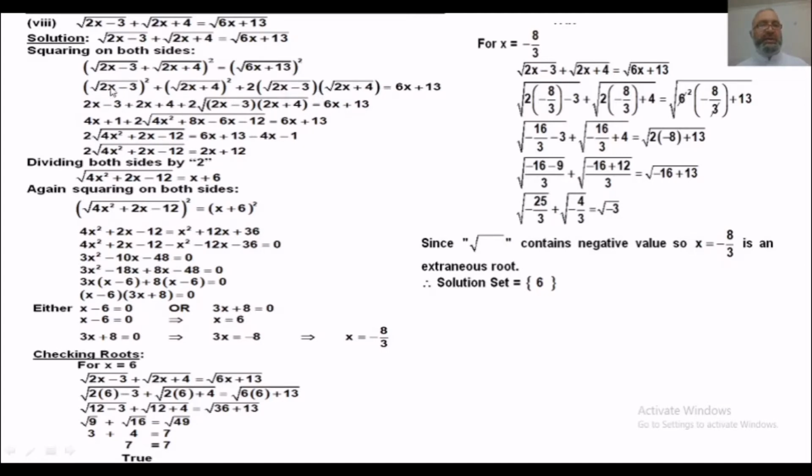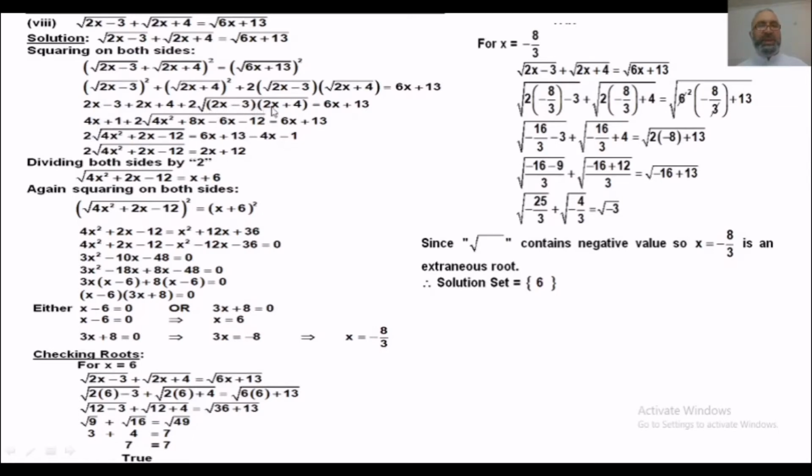So simplifying these terms, square root of 2x minus 3 squared becomes 2x minus 3, square root cancels. Plus square root of 2x plus 4 squared cancels with the square root, we get 2x plus 4, plus 2 into the product of these two factors, 2 times square root of 2x minus 3 into 2x plus 4.